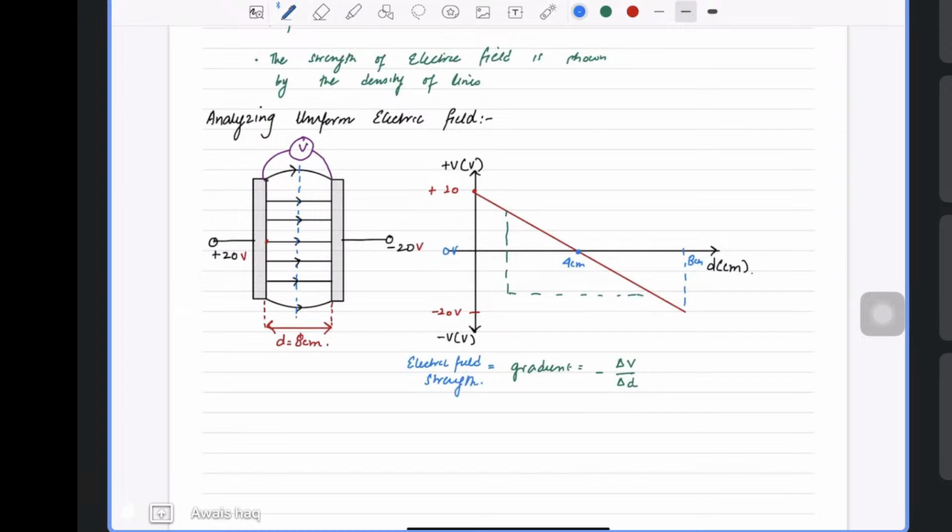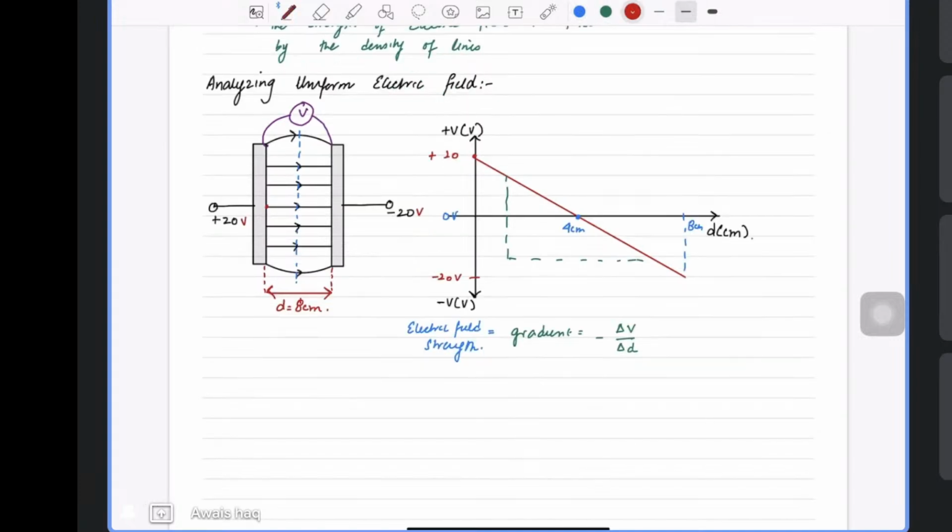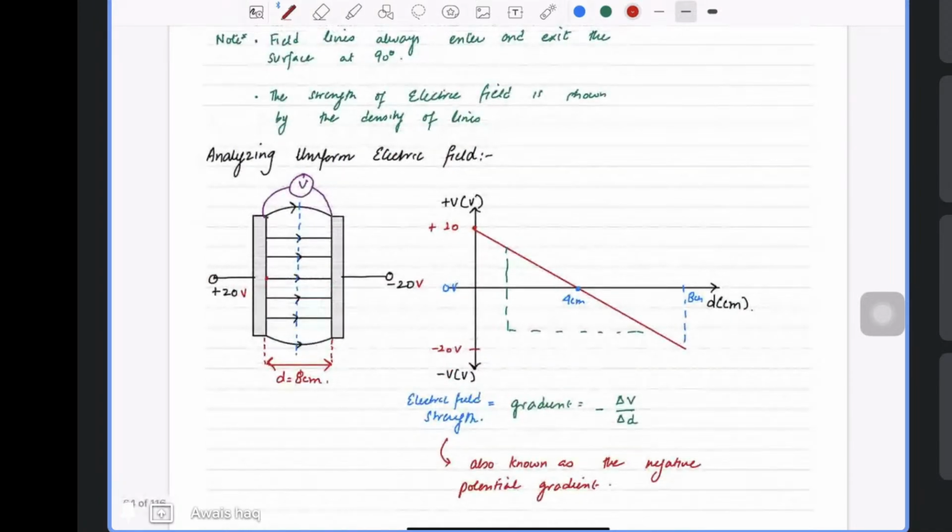So one way of defining electric field strength is that we call this also known as the negative potential gradient. So that would be one of the features of a uniform electric field and how electric field behaves with respect to potential. Alright, so if you have any question now, please let me know.